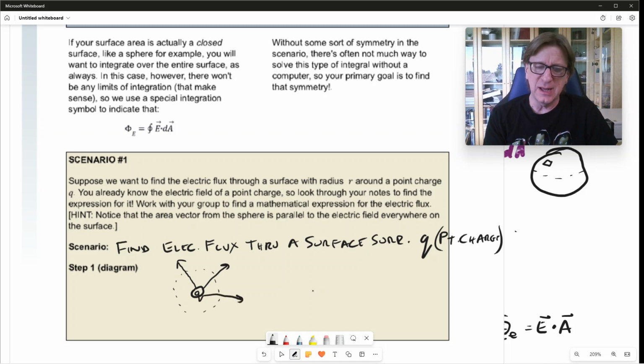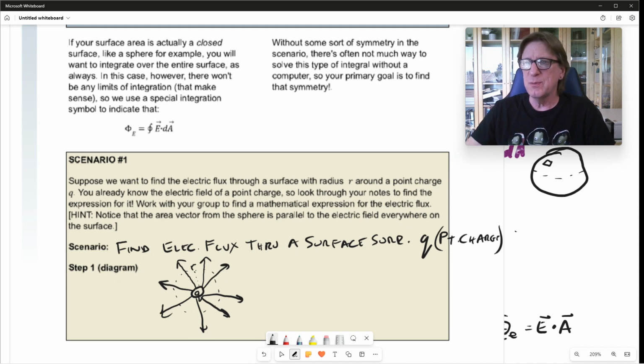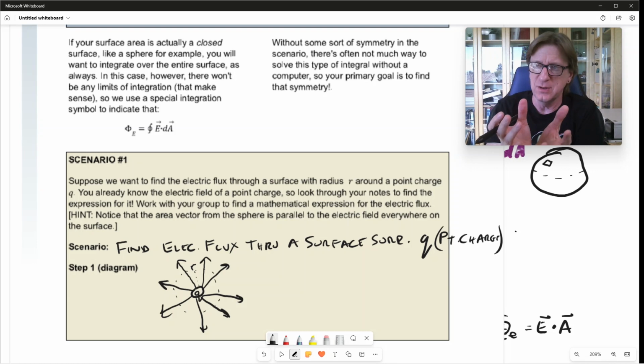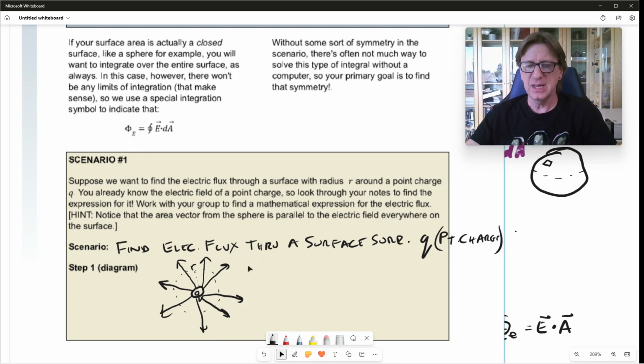And again, like we did last time, I'm drawing this as positive because if my Q is positive, this is what it's going to look like. If my Q is negative, it's going to be the same idea, it's just that my arrow is going to point inward. And then this sphere has radius r. So I want to know, what is the electric flux through that entire sphere that has radius r? That's what we're doing. So go ahead and take a minute, jot that down, get your picture, and then we'll move on to the next page. Pause the video until you're ready to go.